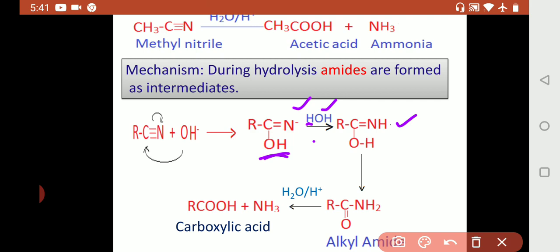Next, the pi bond between C and O shifts, changing into C double bond O, and this hydrogen is captured by nitrogen as NH2. So this is the alkyl amide intermediate, which on hydrolysis gives our final carboxylic acid. So this is how alkyl nitriles on hydrolysis in presence of acid or base produce carboxylic acids.